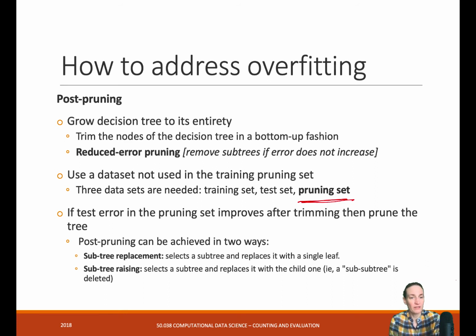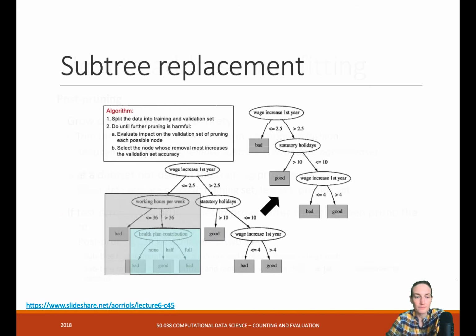If the test error on the pruning set improves after trimming, then prune the tree. Improves or continues to be the same, I'd say. So we can do post-pruning using two techniques: subtree replacement and subtree raising. Let's look at this in detail.